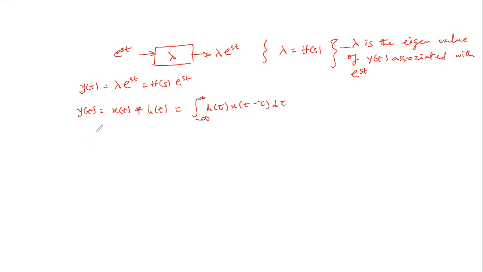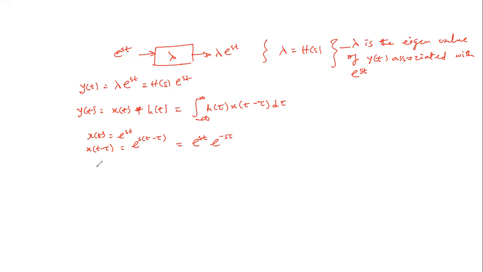Now, since the input s of t is the same as the eigenfunction, then the time-shifted signal s of t minus tau will be the same as e^(s(t minus tau)). And this is the same as e^(st) e^(minus s tau).